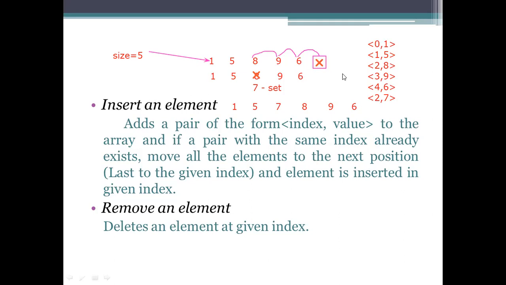So the problem here is that we keep moving. If it is only one element, then it is not a problem. One or two elements will be no problem. But if you are taking more than half of the elements for that processing, it is easier to start from the initial state.